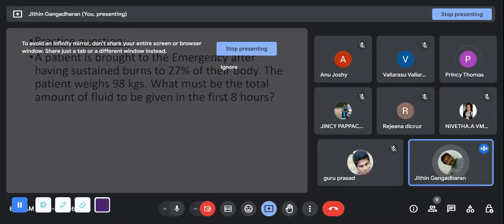What's the answer? Don't know, sir. I'm just doing. Okay. Niveda, got the answer? Sir, I don't know, sir. Calculate it. Calculate it. Yes, sir.